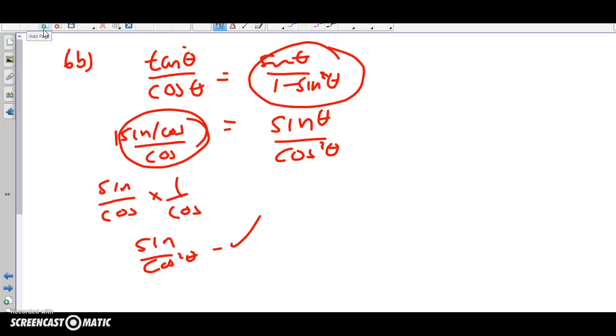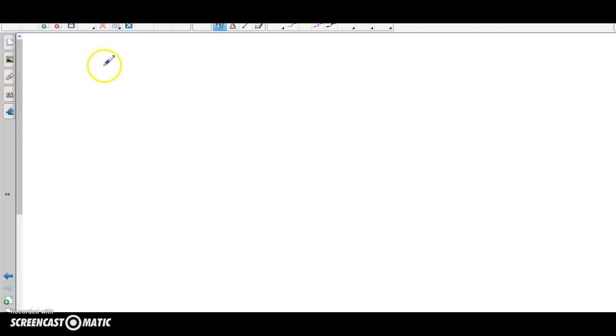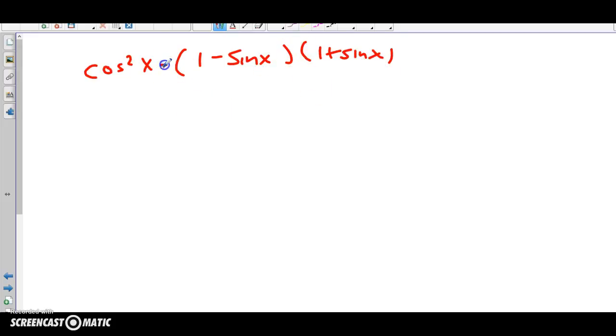Okay, so that's that. What else do I want to look at? D, blah, blah, blah. Oh, the difference of squares ones are good. So 7C, I had this cos squared x, and it's the same as theta. 1 minus sine x, 1 plus sine x. So I go through, it is equal to that. I FOIL this side to get 1 minus sine x plus sine x minus sine squared x.